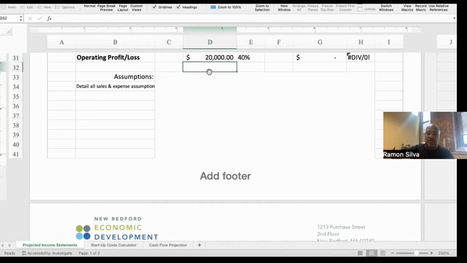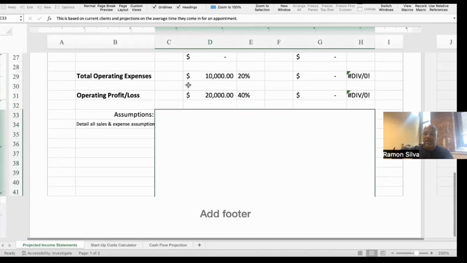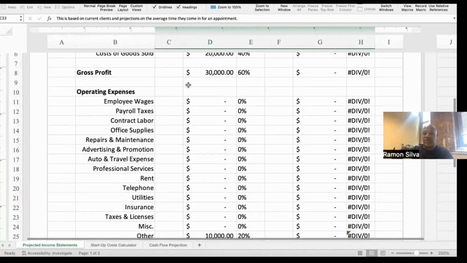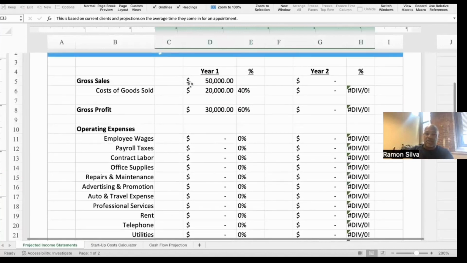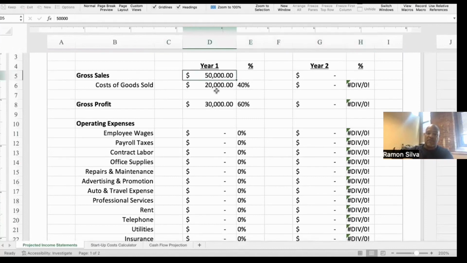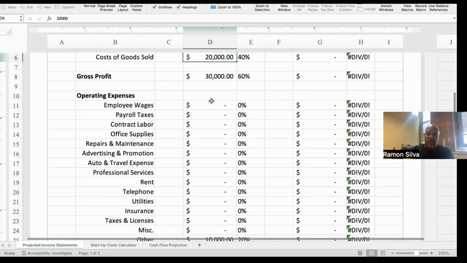This assumptions section is perhaps more important than any of the numbers that I put into this spreadsheet, because the assumptions are going to tell me or anyone else how you came up with this $50,000 a year in gross sales. They're also going to tell us how you came up with your cost of goods sold, which is directly related to your gross profit.